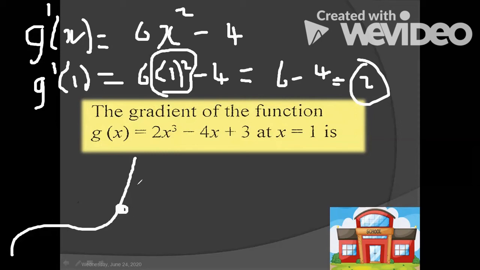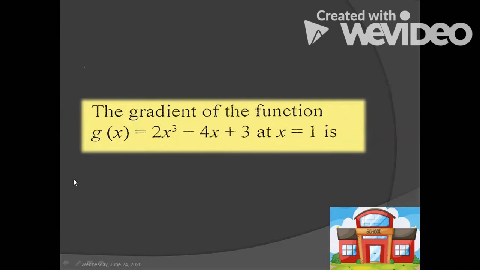Now in CXC, we would have just identified that point, drawn a tangent, and found the gradient of that straight line. When you find the gradient of that straight line, it turns out to be 2. So that's what we did a while ago.